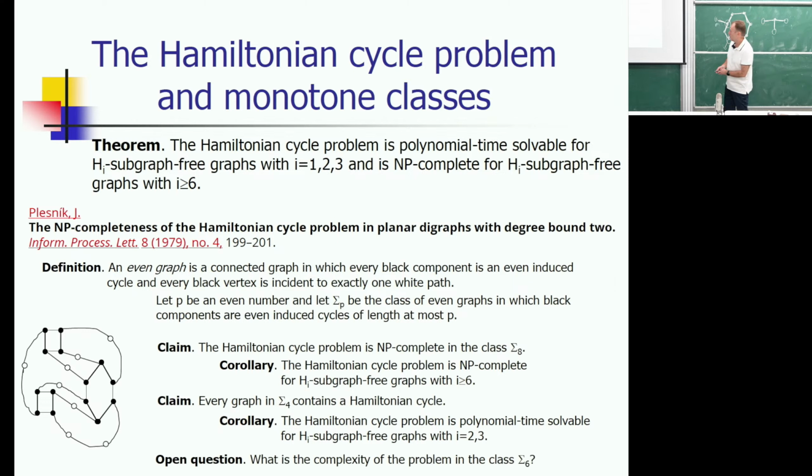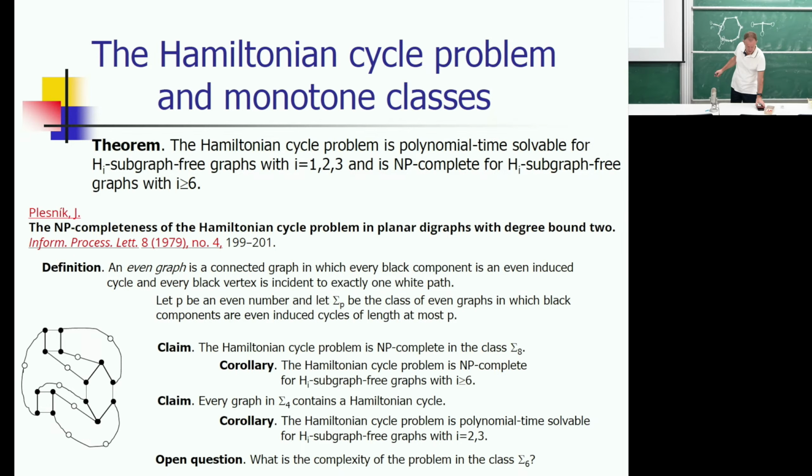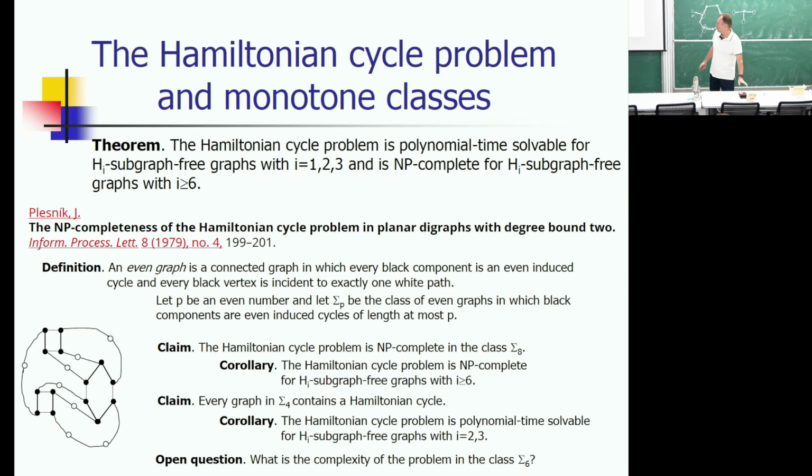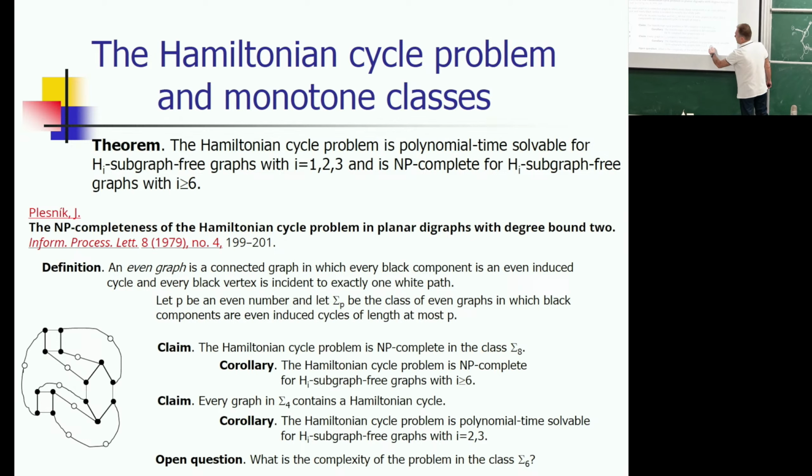Okay, what about sigma 6? Oh, and this is the most intriguing question in this area, in my view. We discussed the complexity of this problem with some people already, but it's open. We don't know what the answer is. But let's discuss the polynomial time solution for H2 and H3.